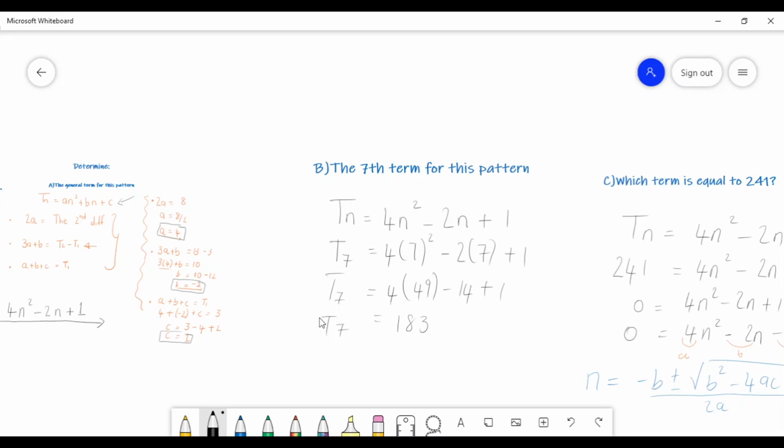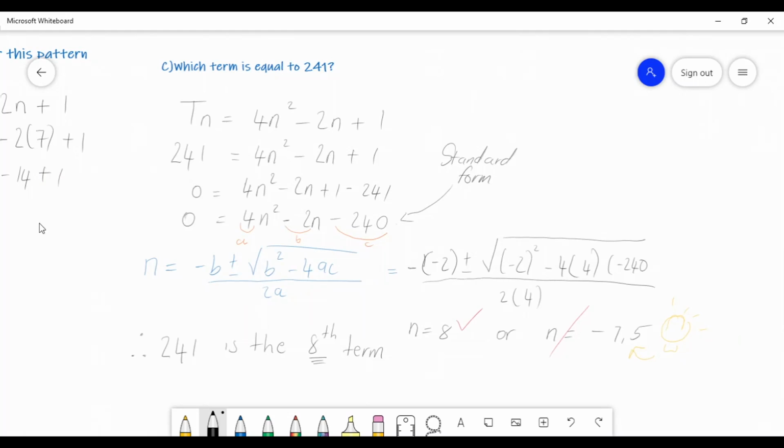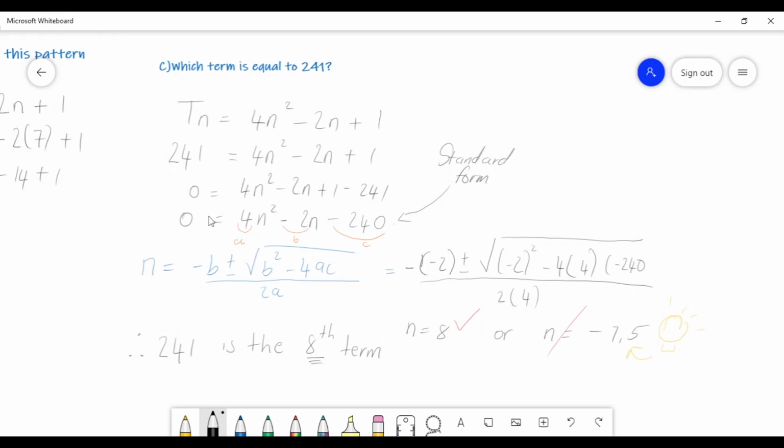And lastly, we had to determine which term is equal to 241. By substituting 241 into our Tn, we were able to have 0 on the left hand side of our equation, so that we have a standard form of a quadratic equation. Then it really becomes simple to solve for n.